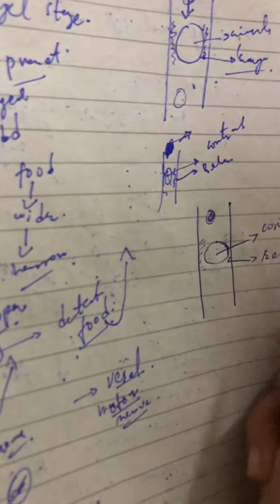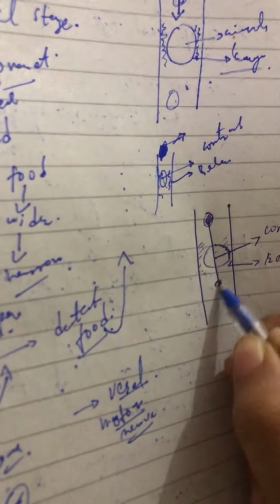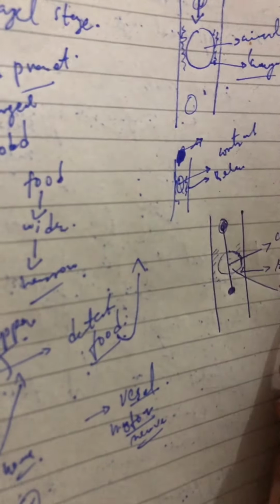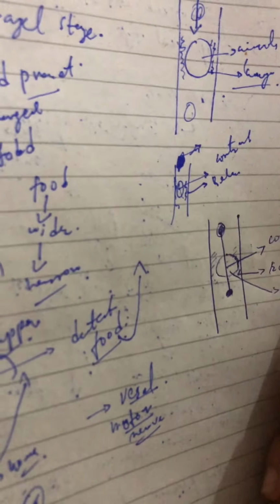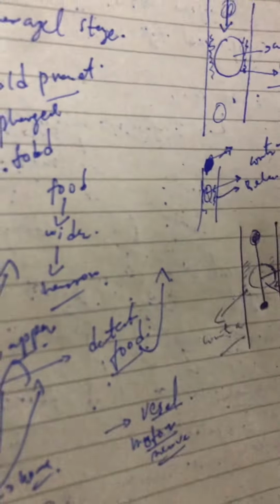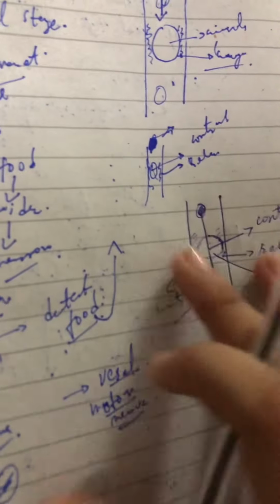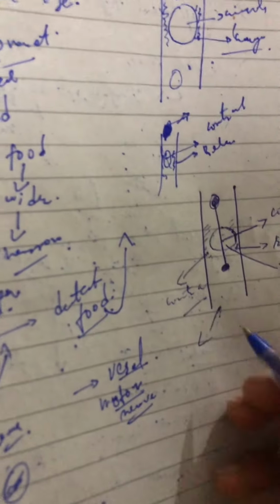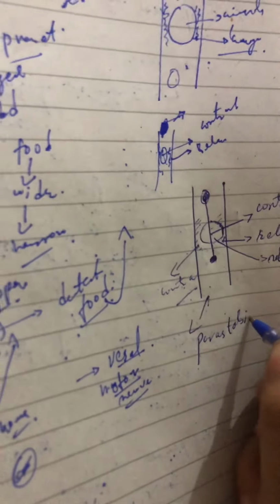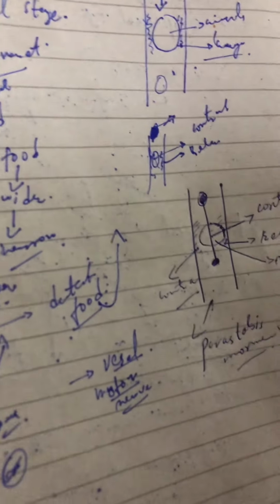When the bolus comes down, the circular will relax and the longitudinal will contract, right? Through this contraction and relaxation of these muscles, the peristalsis movement will occur.